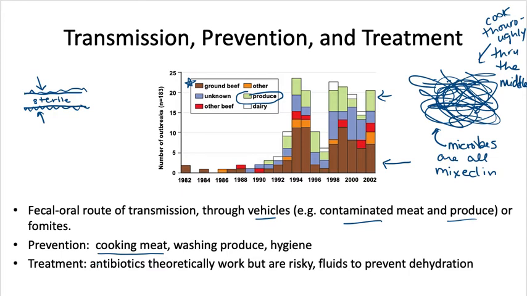It might result in a higher risk of that complication called the hemolytic uremic syndrome, and it might be more likely to result in a deadly infection. So oftentimes, doctors will let the infection pass with our normal immune system trying to take care of it and using fluids to prevent the dehydration associated with that diarrhea.